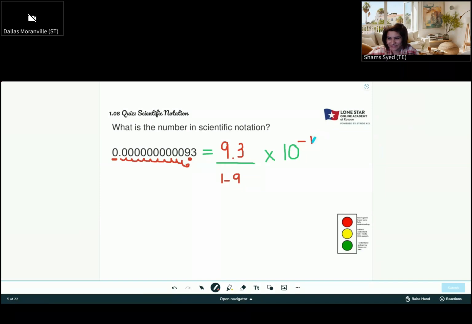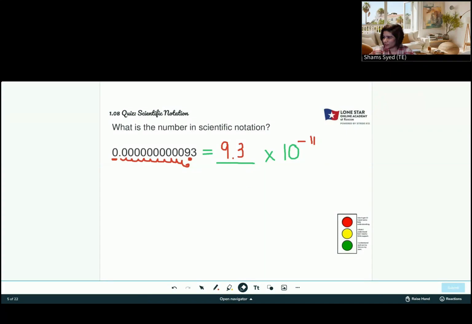Negative 11 is correct. You guys are absolutely right. In scientific notation, you will say 9.3 times 10 to the negative 11 power.